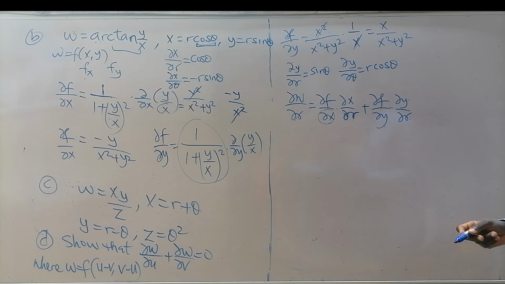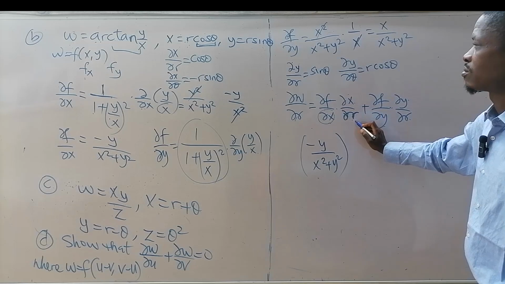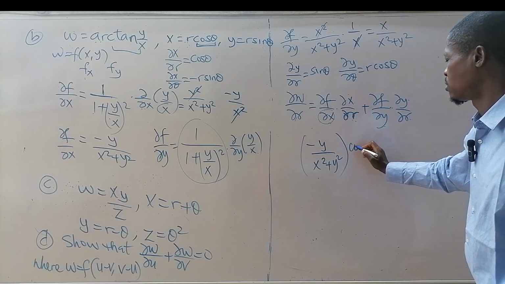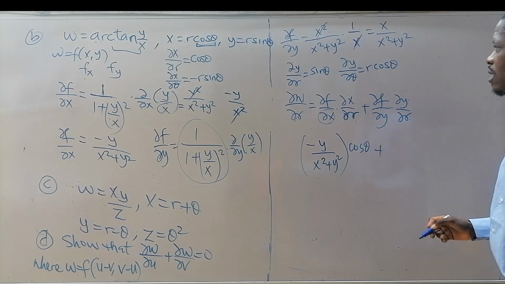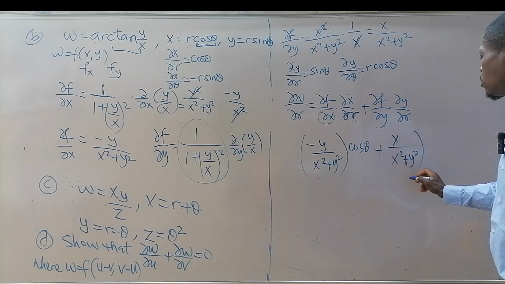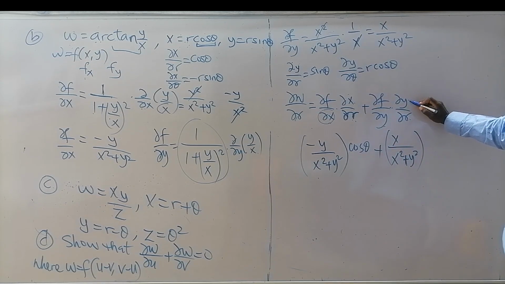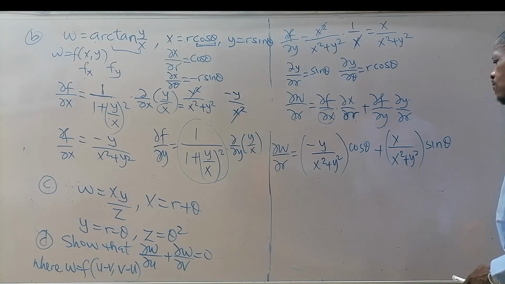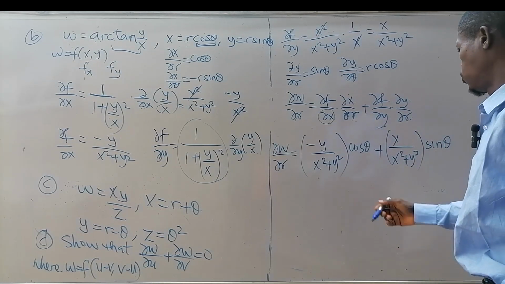So let's substitute what we have. Del f del x we have, then del x del r, which is cos theta, then plus del f del y times del y del r, which is sine theta.